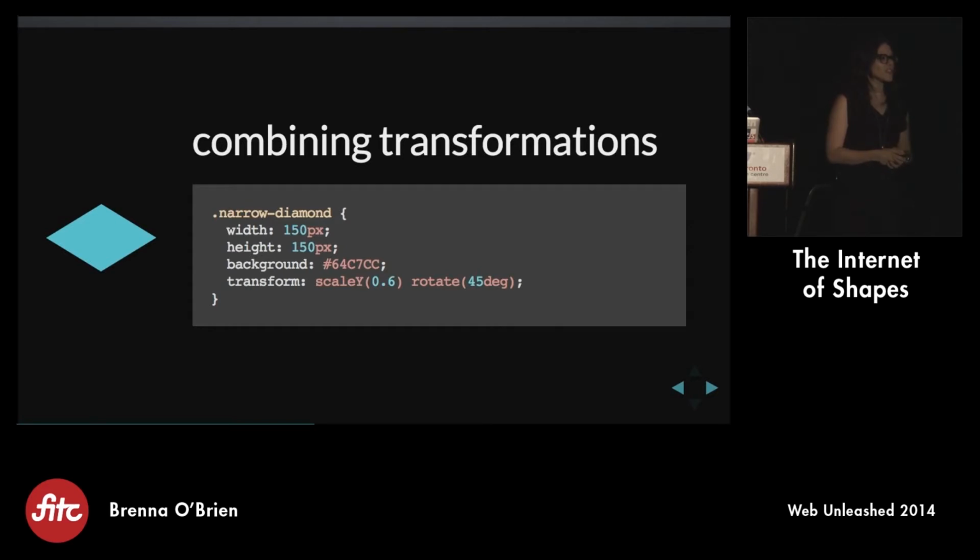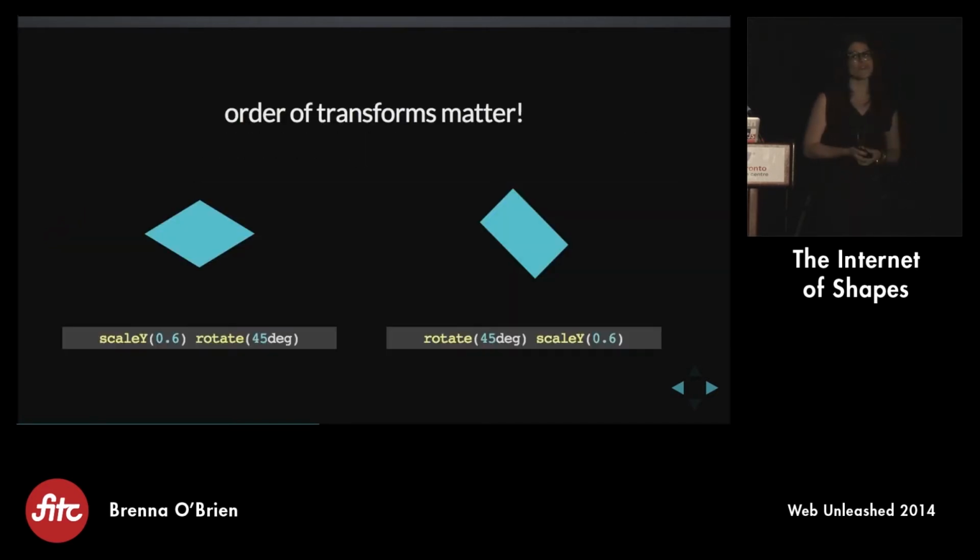Another gotcha to watch out for with this is that the order of transformations is really important. When you transform something, it actually transforms the entire coordinate system along with it. So you can end up with some funky results if you apply your transforms in the wrong order. So just be mindful of that when you're working with multiples.